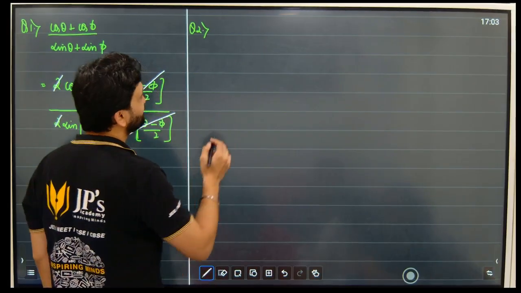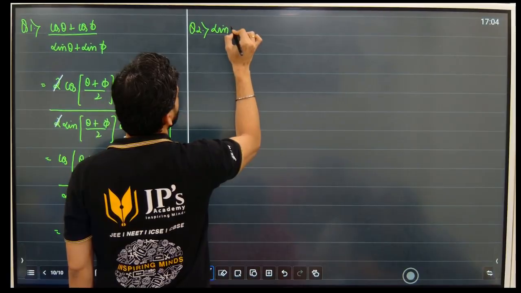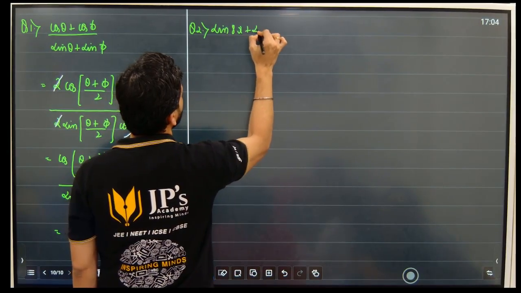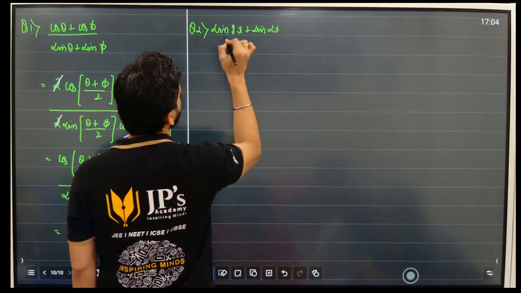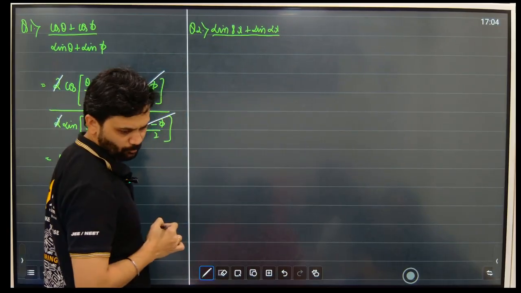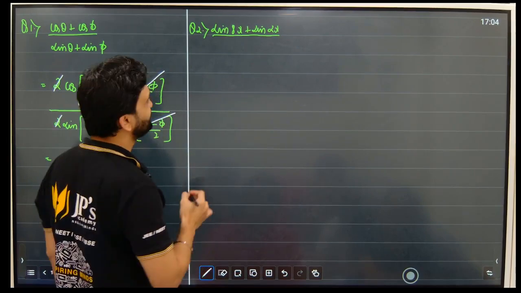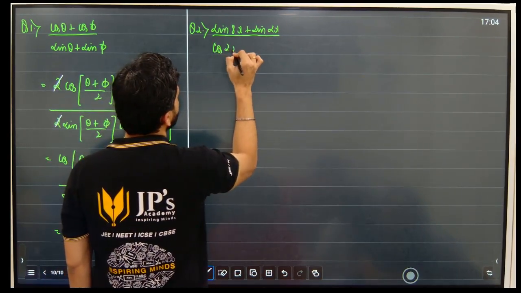Question number 2 is (sin 8x + sin 2x) the whole upon (cos 2x − cos 8x).